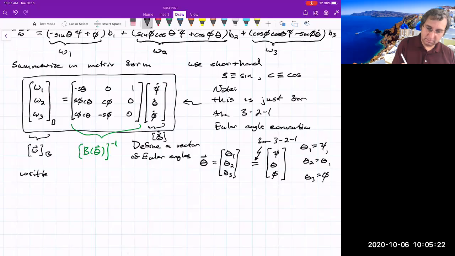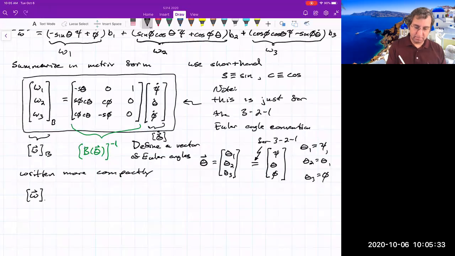So written more compactly, we've got omega, the angular velocity, is a matrix, and we're calling it B theta inverse times theta dot as a matrix.